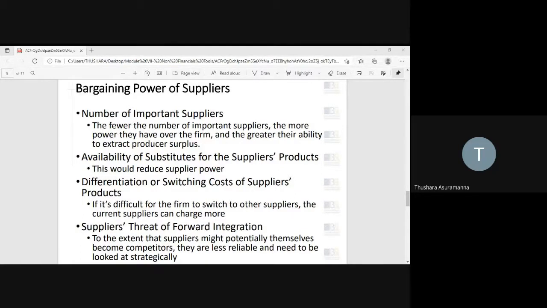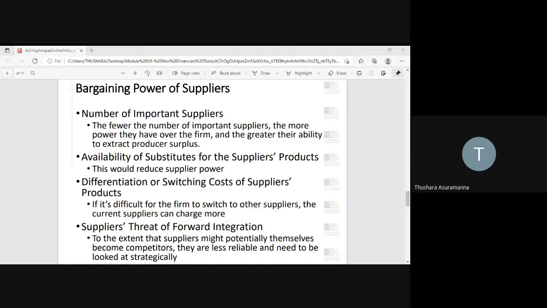If you want to switch from supplier A to supplier B, there's a higher switching cost because the initial cost of having the mold done could be higher. You can't switch because the switching cost is high.